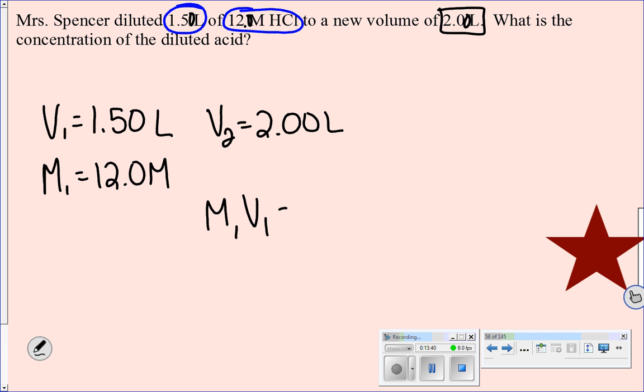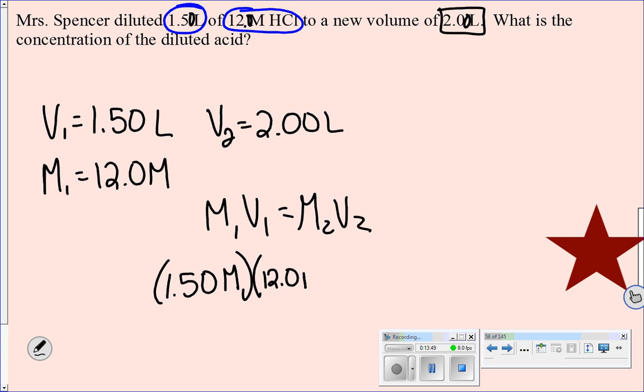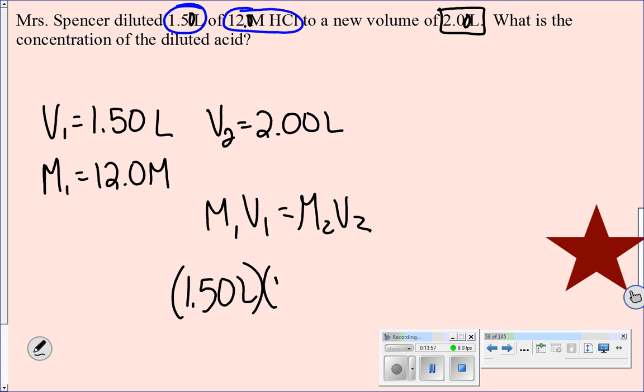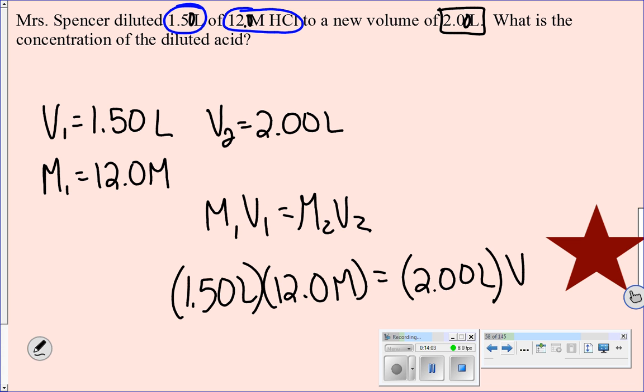So M1 V1 equals M2 V2. M1 is 12.0 molar times V1, 1.5 liters, equals 2.00 liters times M2.